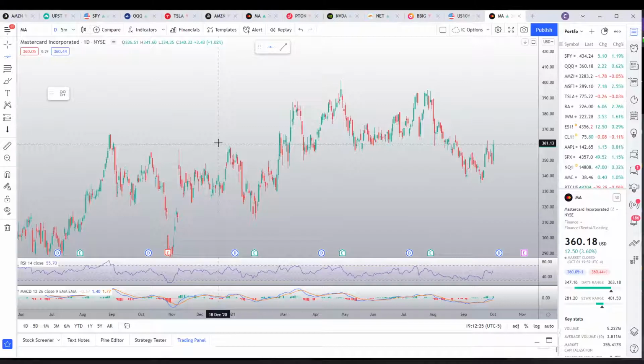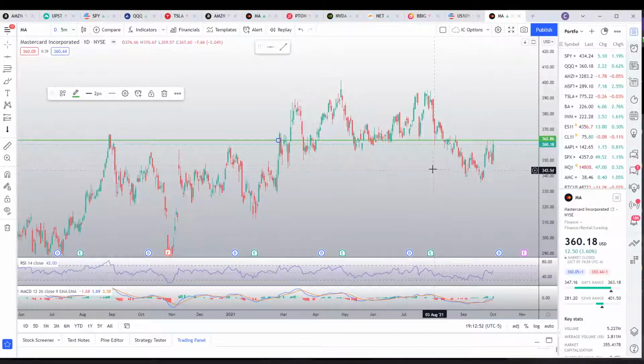Okay, if you look at it here, this was the accumulation part. It consolidated here for a long time before it broke down from here. So this area right here will be your resistance area, close to this, anywhere right here where it keeps rejecting. Look at this, it rejected here on the top. So around the 62 to 63 area is your resistance.